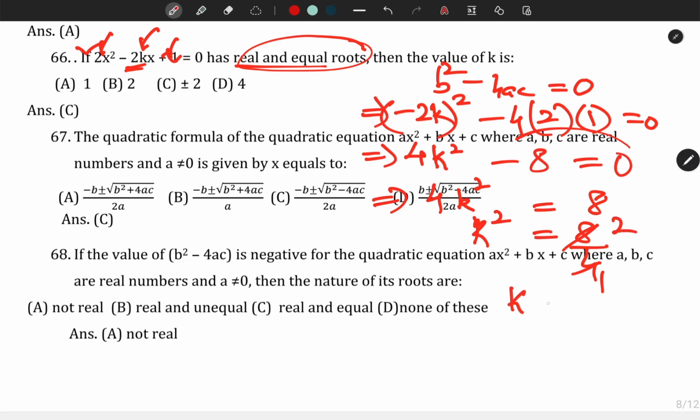And if you remove the square, you have to take the square root of 2. Whenever you take square root, we have to consider both plus as well as minus, because plus root 2 square will give us 2, minus root 2 square also will give us 2. So the correct option is plus minus root 2, but in this case the correct option is not given. It should be plus minus root 2, not 2.